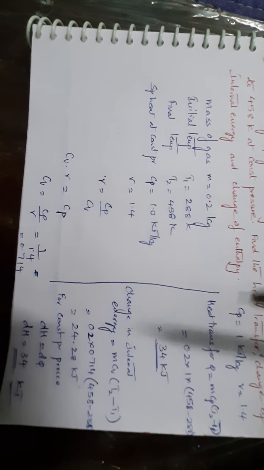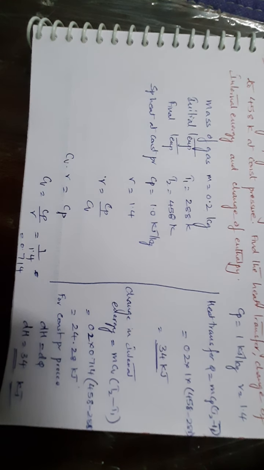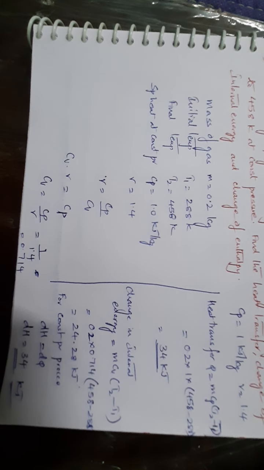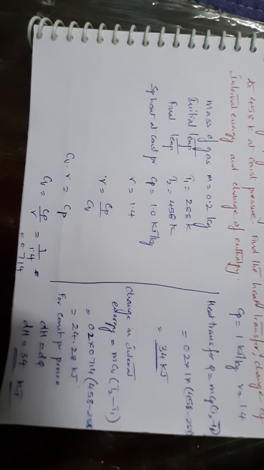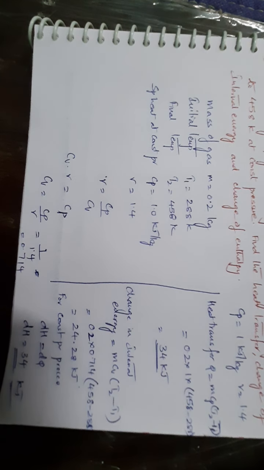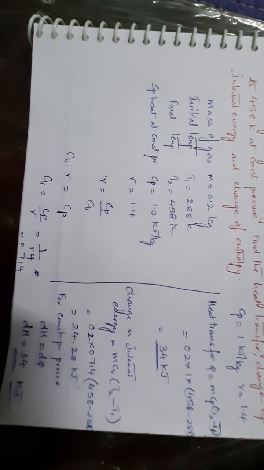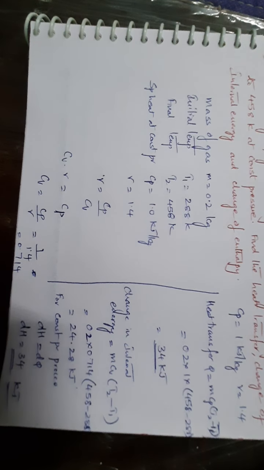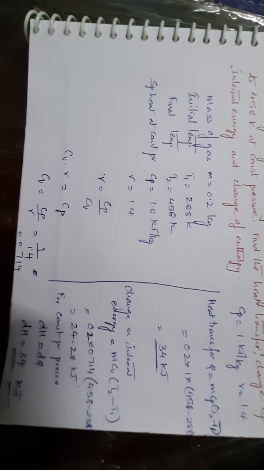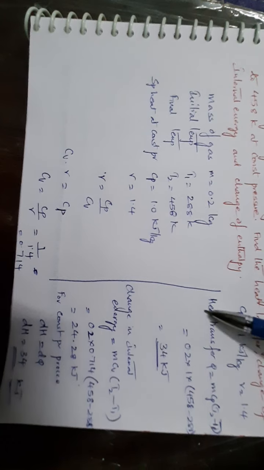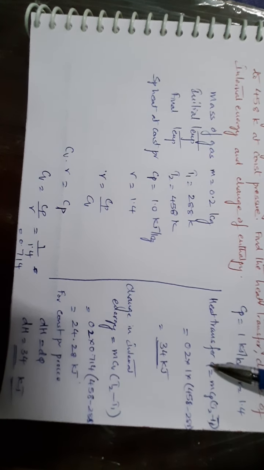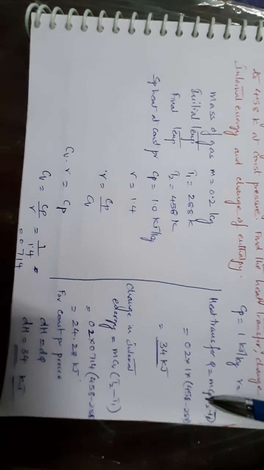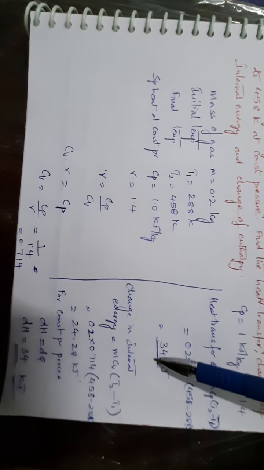For any thermodynamics problem, first read the problem carefully and list out the data. Some marks will be allotted for that. If you know the relation, apply it, and some marks will be given. If you know the formula for heat transfer, apply it, list out the data, and solve it.